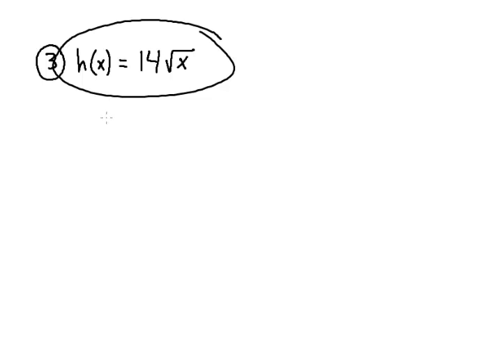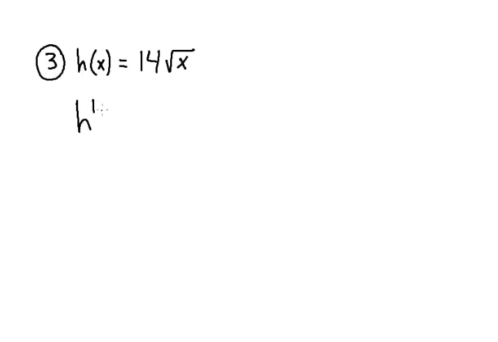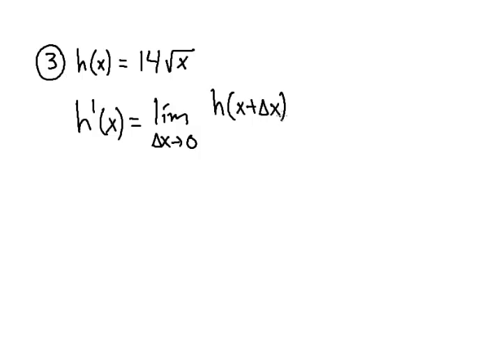So the derivative will be h prime of x, or derivative of h, equals the limit as delta x approaches 0 of, well, that function, right? But instead of x it is h of x plus delta x minus h of x, divided by delta x.